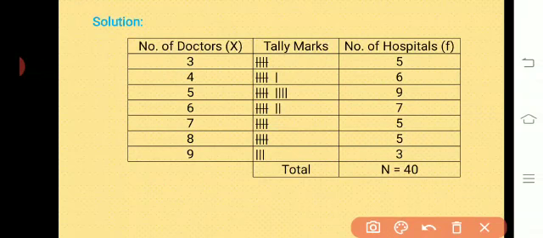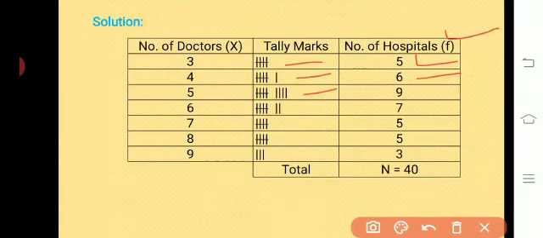Then we have to count the number of tallies in front of those observations, and write it as the frequency. Here, consider the observation 3: you will have 5 tallies, so the frequency is 5. Then 4, here 6 tallies are there, so the frequency is 6.